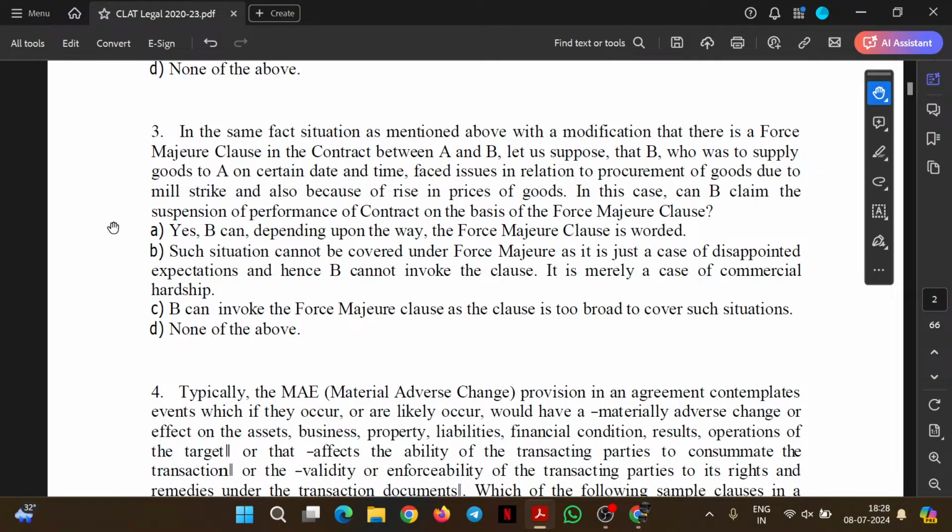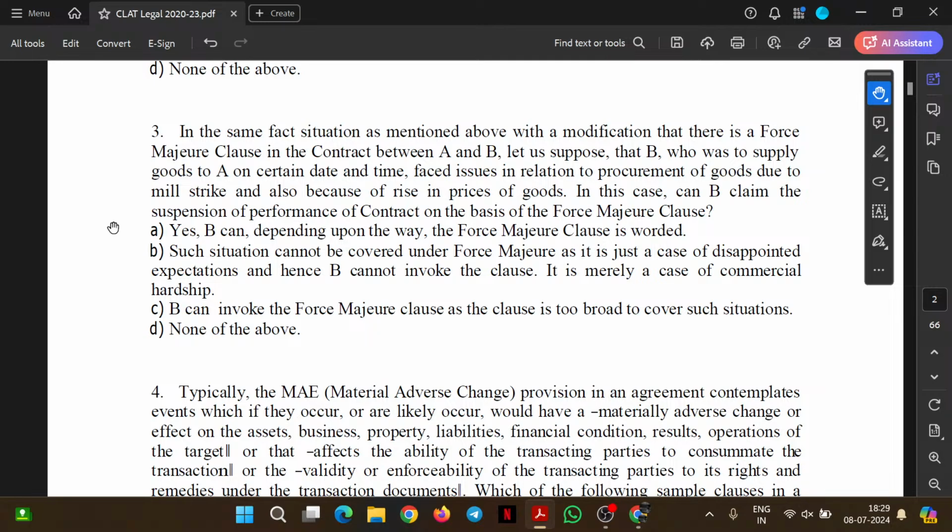Now, throwing light upon the entire idea of a force majeure clause, as we have understood from the passage, I would like to recall the fact that a force majeure clause is for situations that cannot be predicted or judged beforehand and basically hinder the fulfillment of contractual obligations. Taking into account the matter in this particular question, there has been a mill strike and a rise in prices of goods.